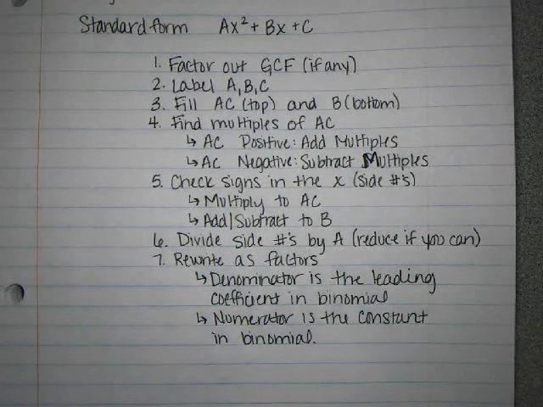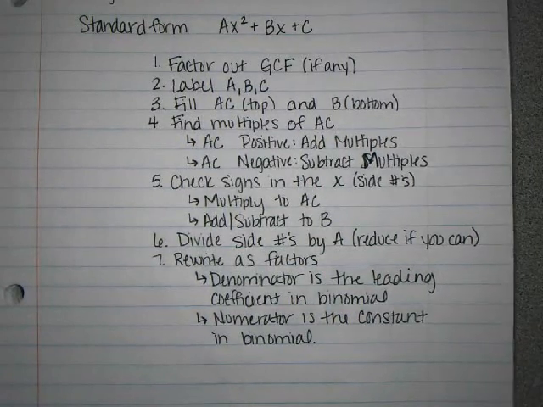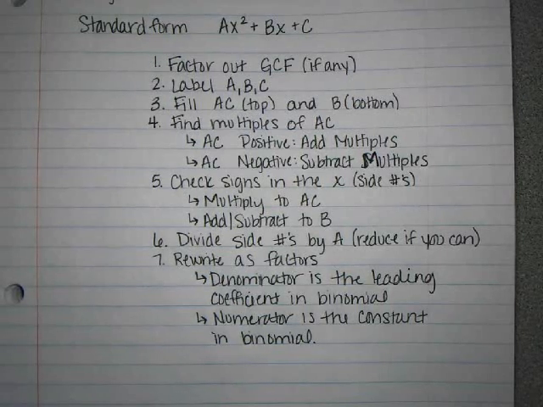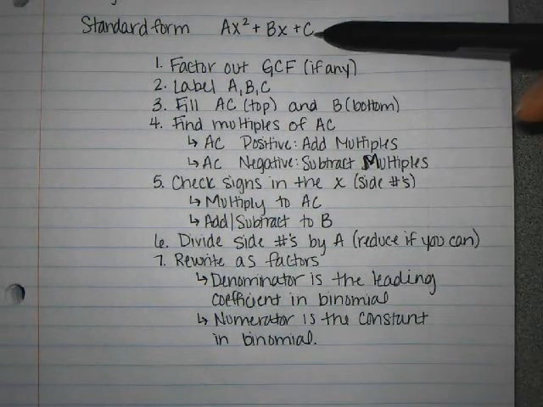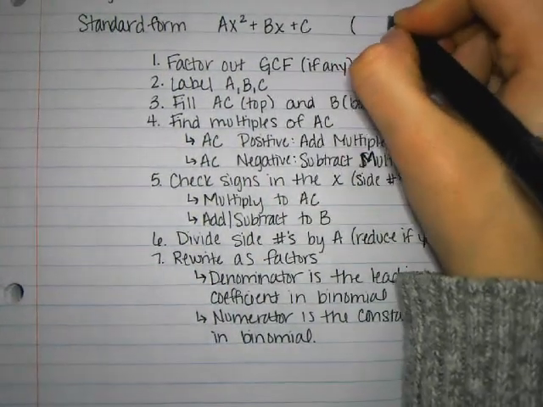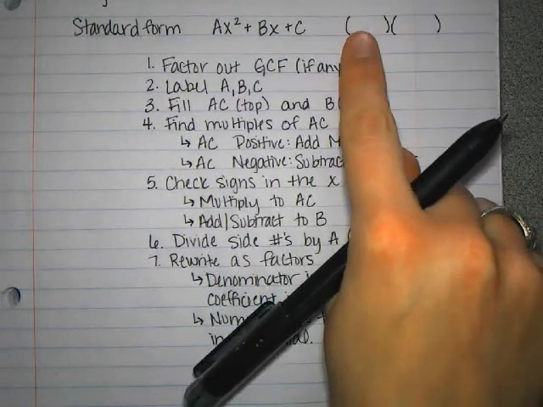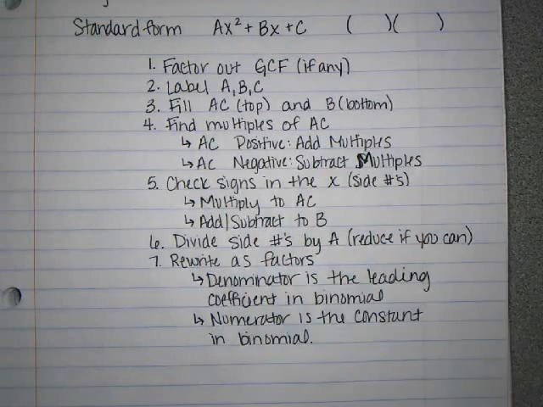So right now, it looks like it is a long process. These steps will become smaller, or you will just get used to the process of how it works. What we're going to be doing is starting with a trinomial and breaking it down into two binomials that, if I were to multiply them back together, would equal the ax squared plus bx plus c.